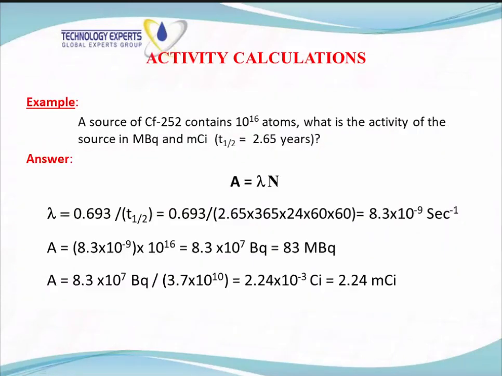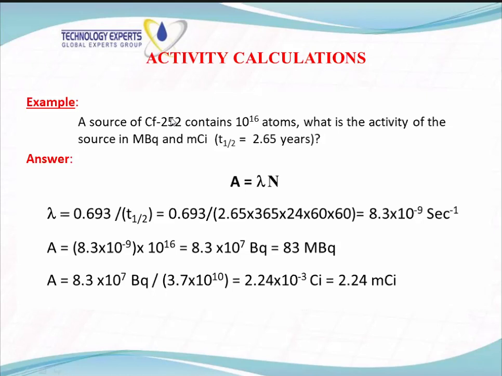Okay. This is a problem that came in an exam about 1 year ago, about 3 exams before. A source of californium-252, a source of neutrons, contains 10 to the power 16 atoms.